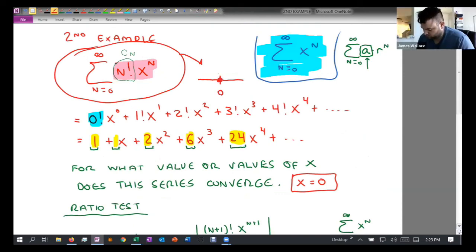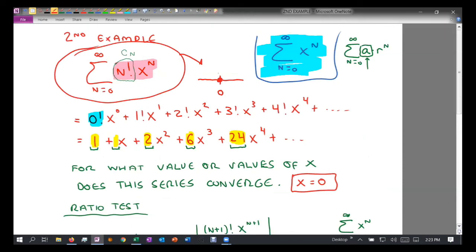So I was trying to get you to see that the set of values of x for which the series converges is like a domain. In this particular example, the domain of this function is a single point. This function is only defined at 0. That's a weird function. You can only plug one number into it, and that's 0.